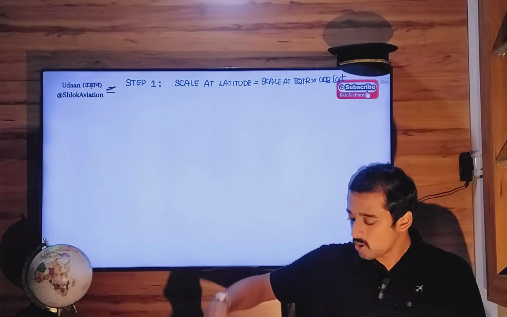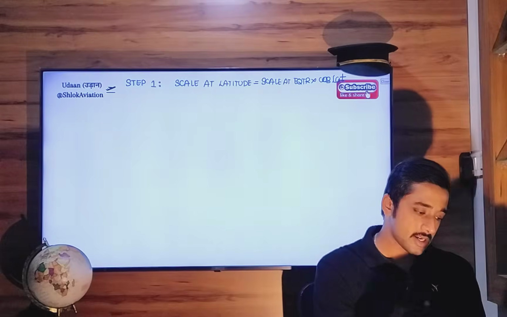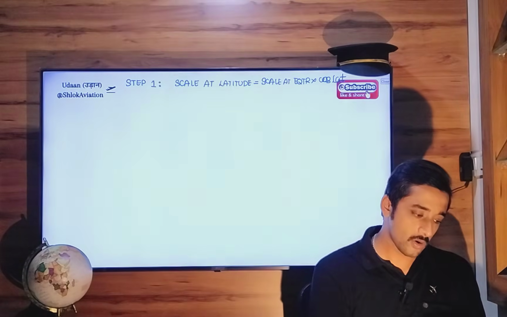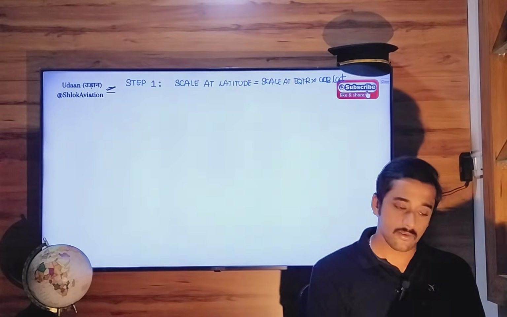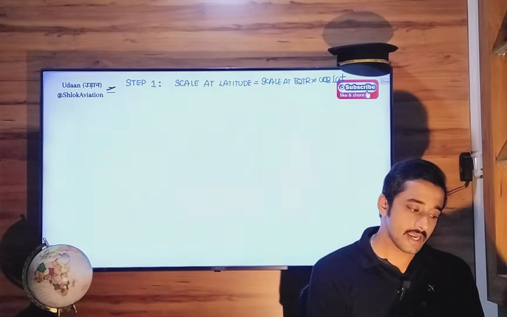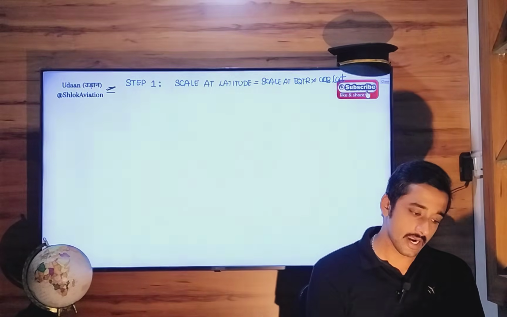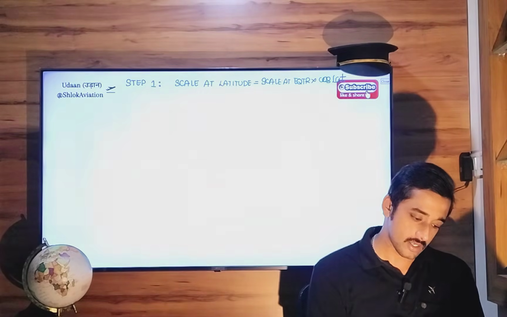Now scale at equator here is the joining link between these two different latitudes given in the question.